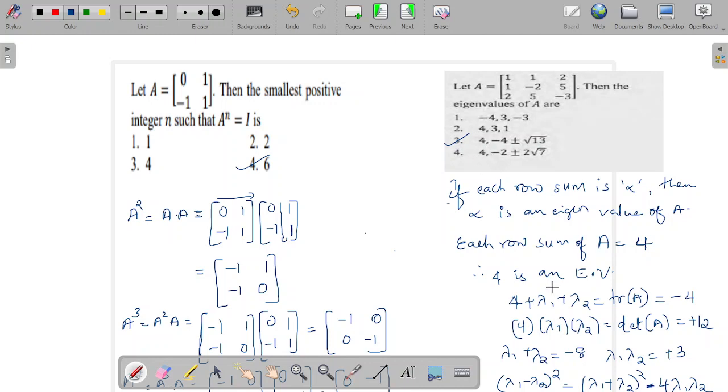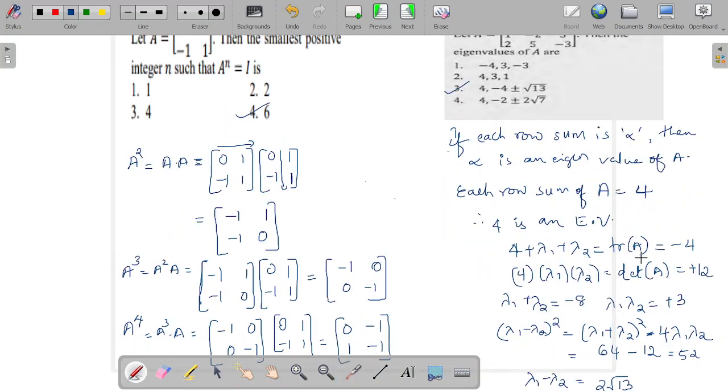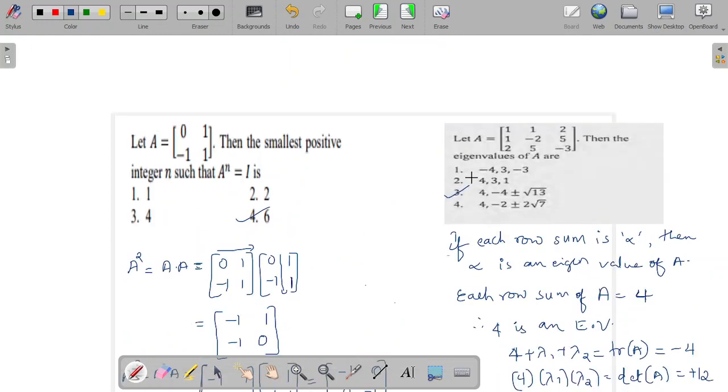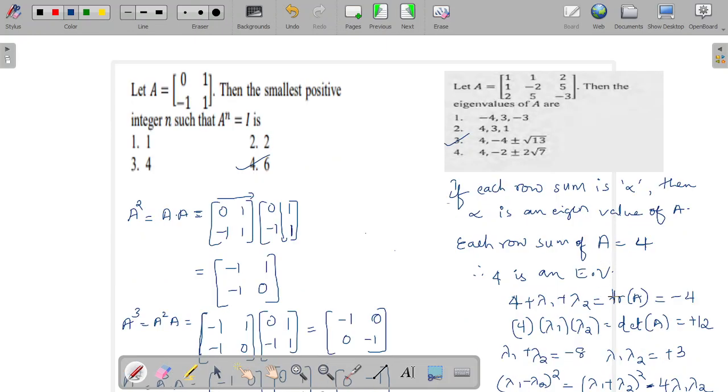To verify that, we can go with this formula, that is trace of A equal to the sum of eigenvalues of the given matrix. So one of the eigenvalues is 4, other two eigenvalues we don't know, is equal to trace of A. Similarly, determinant of A equal to the product of eigenvalues, that is 4 into lambda 1 into lambda 2.